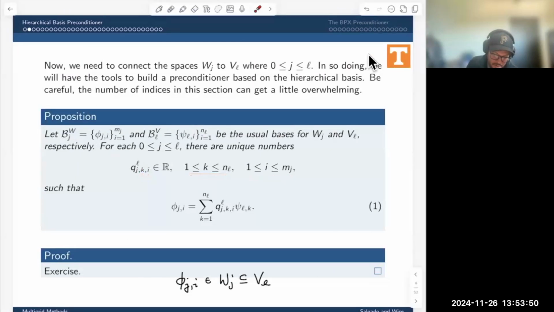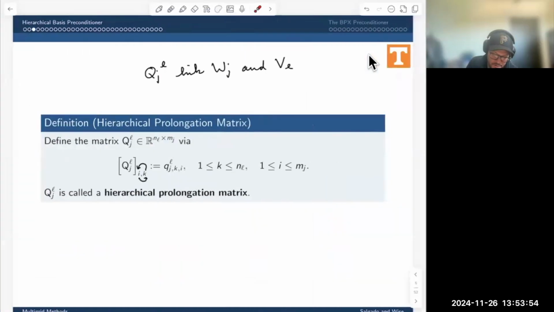This is okay. I just need to interchange these two to get my sizing correct, because these matrices always have to be tall and skinny, with many more rows than columns. K should be the first index, I should be the second index.